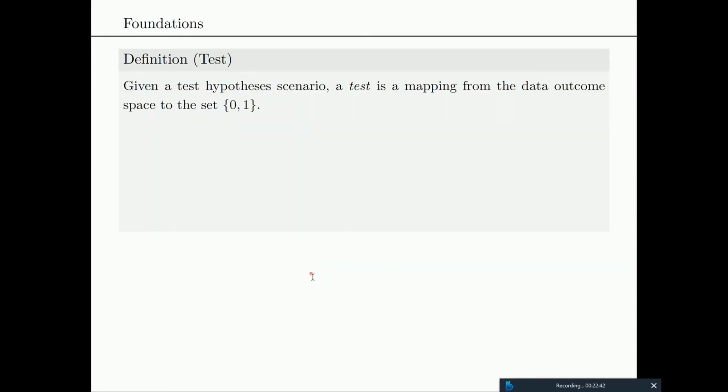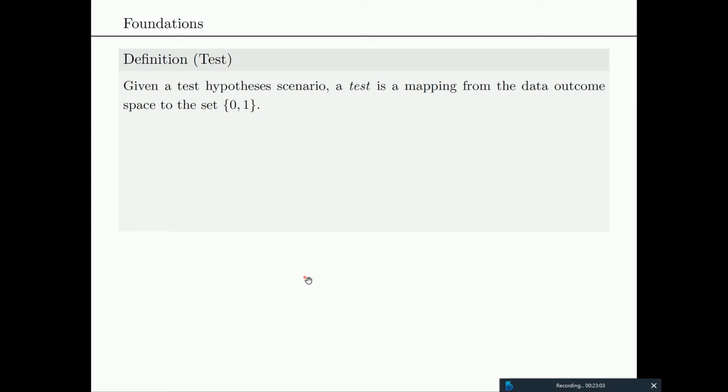No? Then a test. What is now a test? A test exists in this hypothesis scenario, which is why I introduced it before. You have a parameter space, you have partitioned it, and based on this scenario, you can talk about a test.